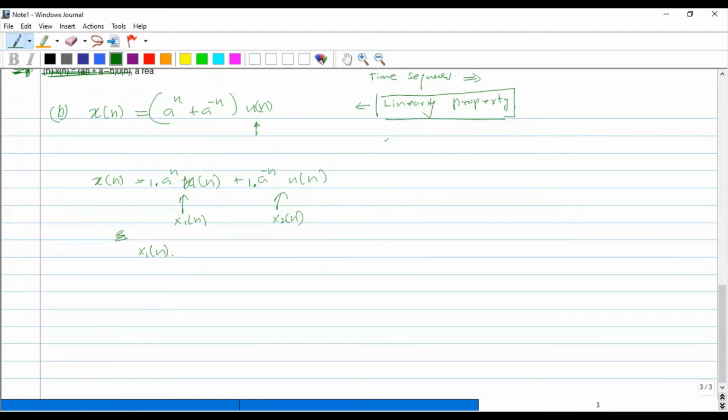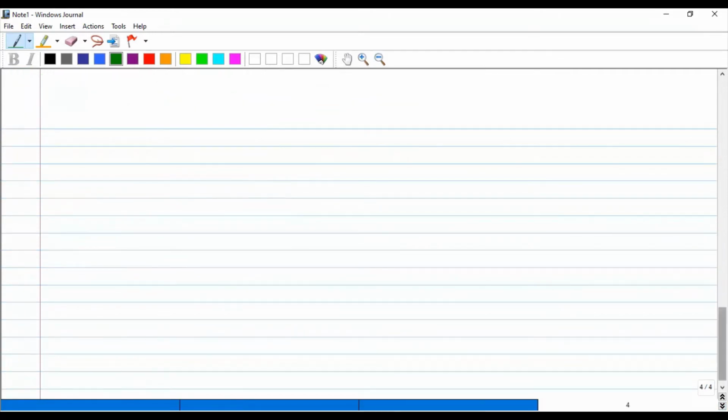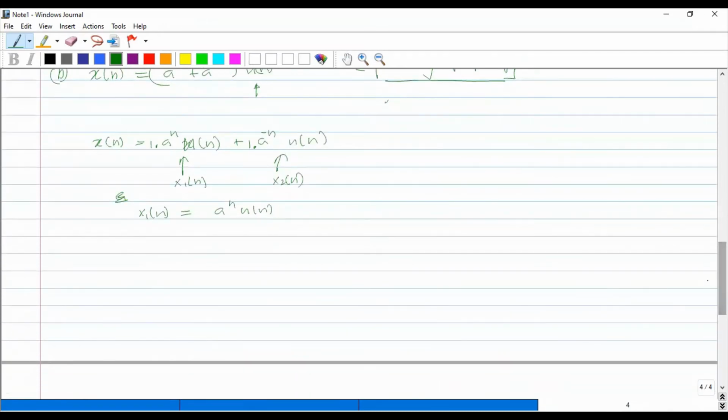So we will try to find this x1[n]. Can you give a try by yourself? We have x1[n] equal to a^n u[n]. Just pause the video and try yourself, then you can see my procedure.